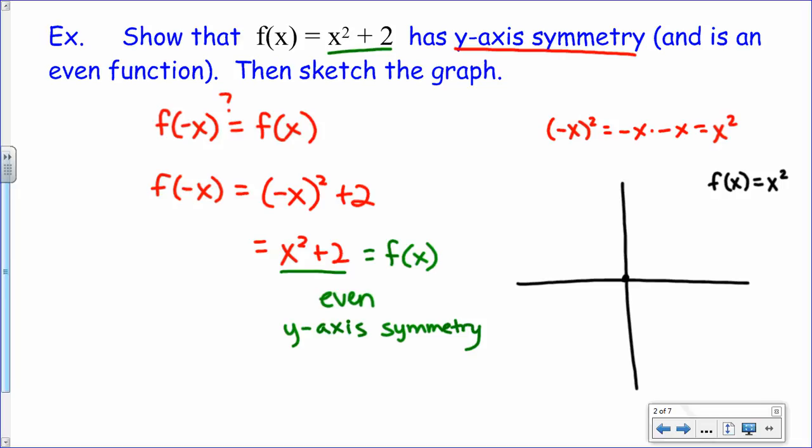If you plugged in 1, 1 squared is 1. If you plugged in negative 1, negative 1 squared is 1. If you plugged in 2, 2 squared is 4. If you plugged in negative 2, negative 2 squared is 4.